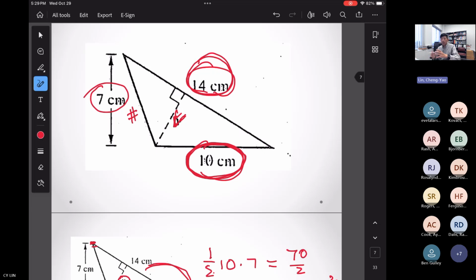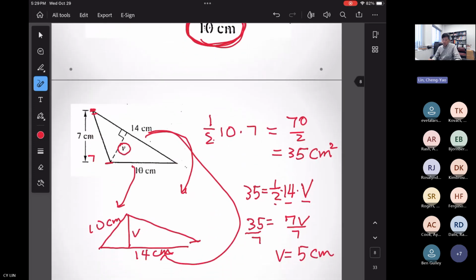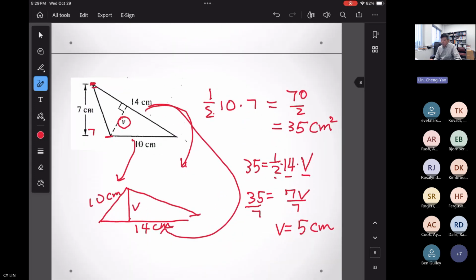Whatever you rotate, the area is the same, right? And that's why we can figure out what V is. First of all, we find the area of the whole thing. And next, once we rotate, we use 14 as another base, and find another height, all right? So that's why we can figure out what V is, okay?